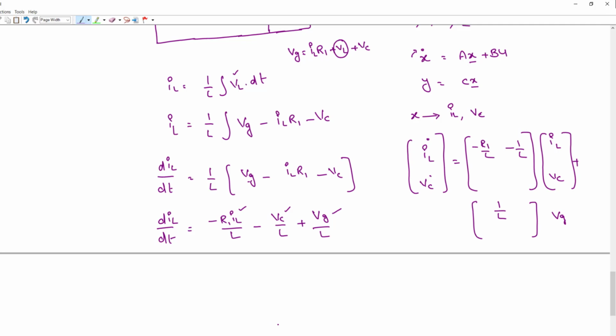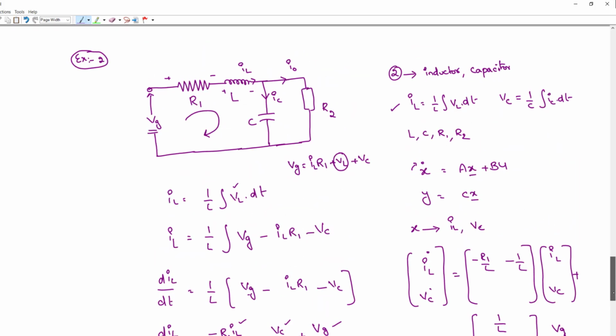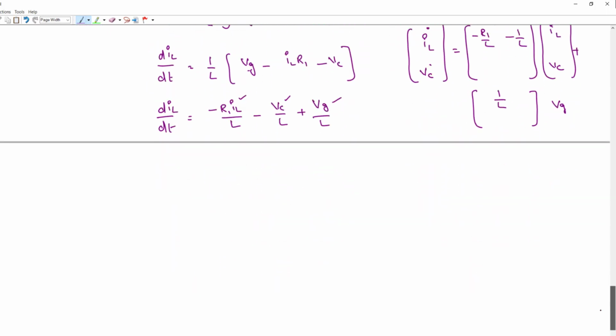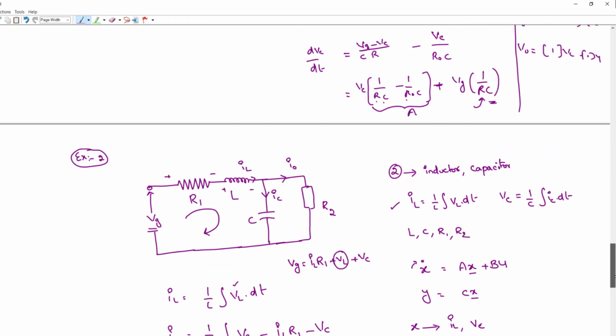Second is VC dot. Now what do we know about VC? VC is equal to 1 by C integral IC dt. That we know. Our aim is to find the current flowing through the capacitor.